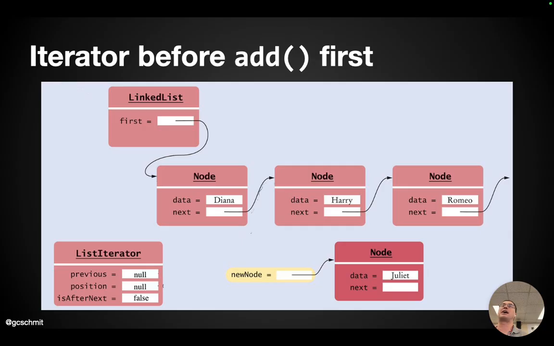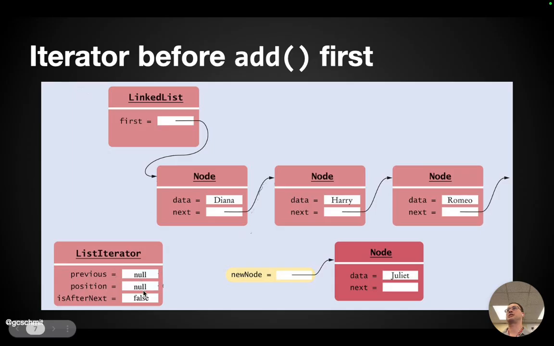So that's why I kind of want to go in small steps and rely on these diagrams a lot so that we understand what these different variables mean and how they're connected to each other. So we're going to do a couple different cases for adding. We're going to start with this one here, where our list iterator is a newly initialized list iterator.